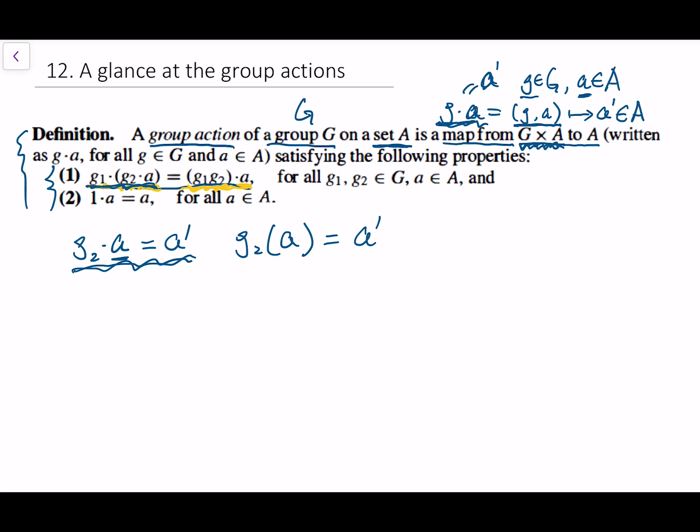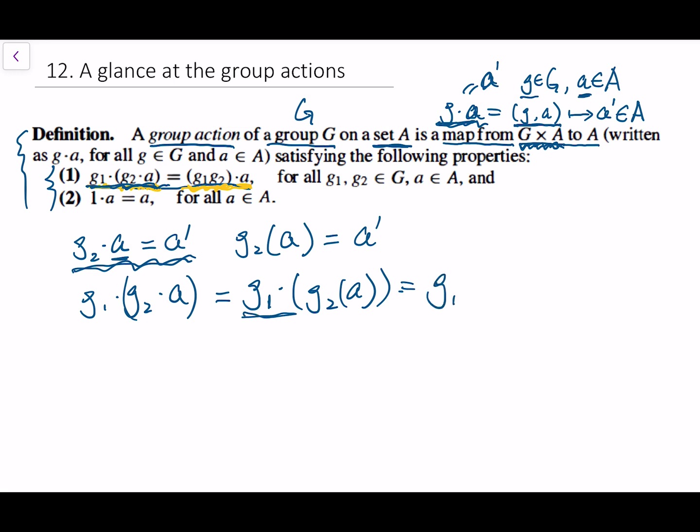Then the left side of this equality, g1 dot g2 dot a, is equal to g1 dot the image of a under the map of g2, which is equal to, because g1's action can also be seen as a map, g1 mapping the result of g2 a.